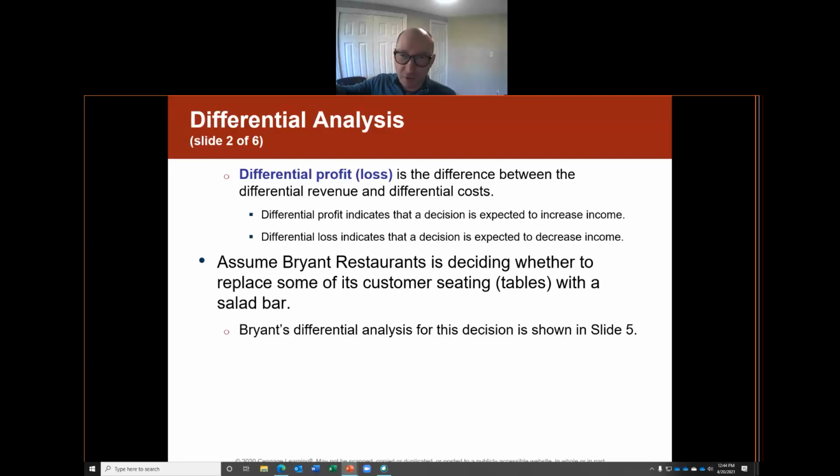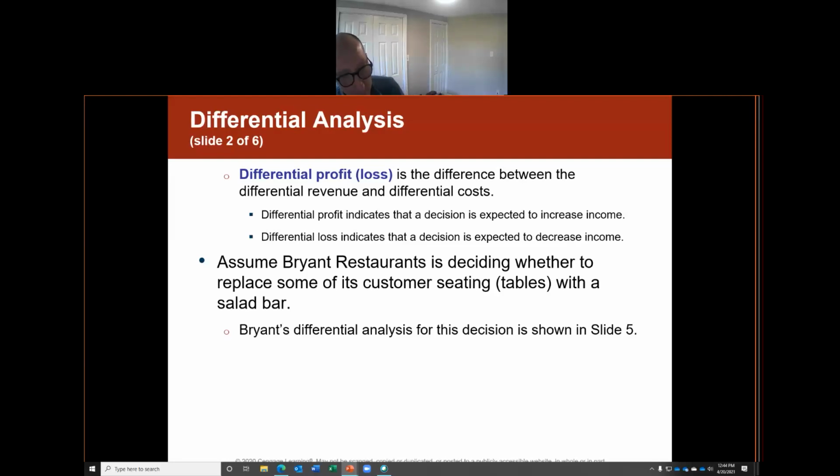That whole idea. We're looking at the difference between two different decisions, and those two different decisions have two different possible income statements. So let's look at it from a restaurant perspective.